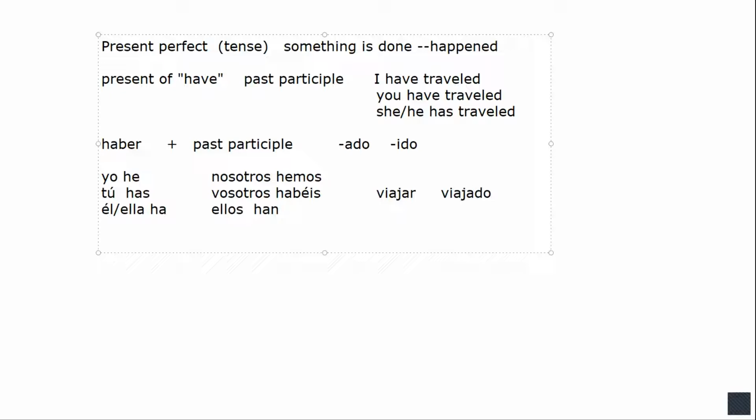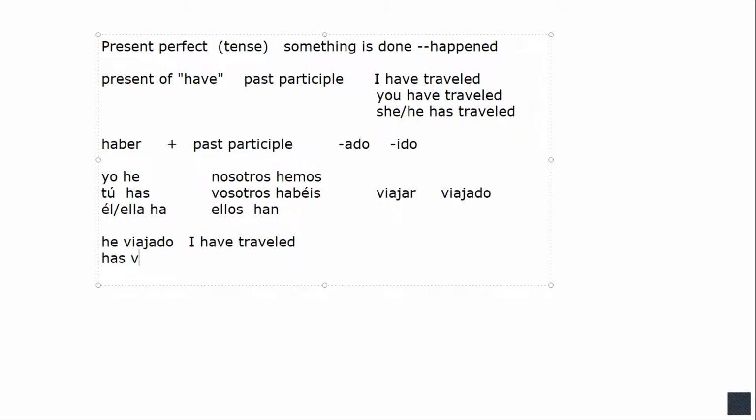And the reason this is actually a nice structure to know, this thing we call present perfect, is that it indicates past. The action is done, over with. Okay. And instead of using one verb, traveled, I'm using two verbs that are working together to say have traveled. So, he viajado, I have traveled.